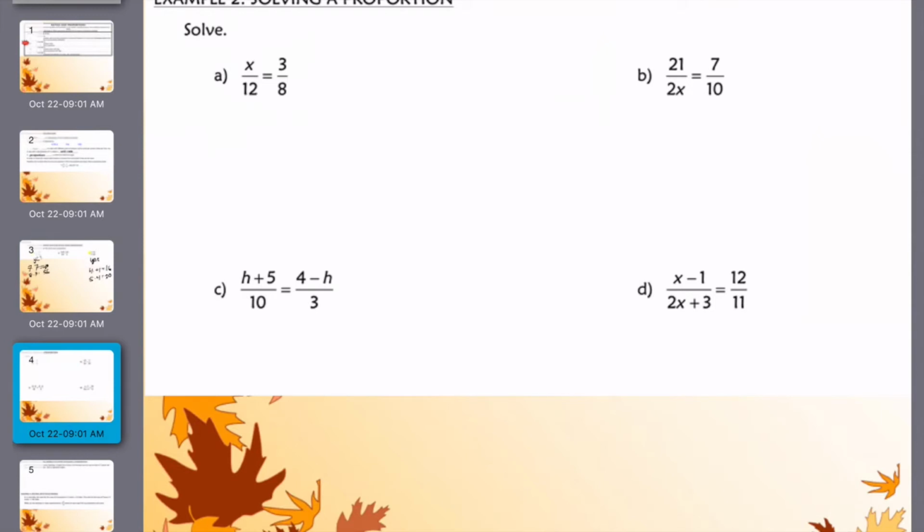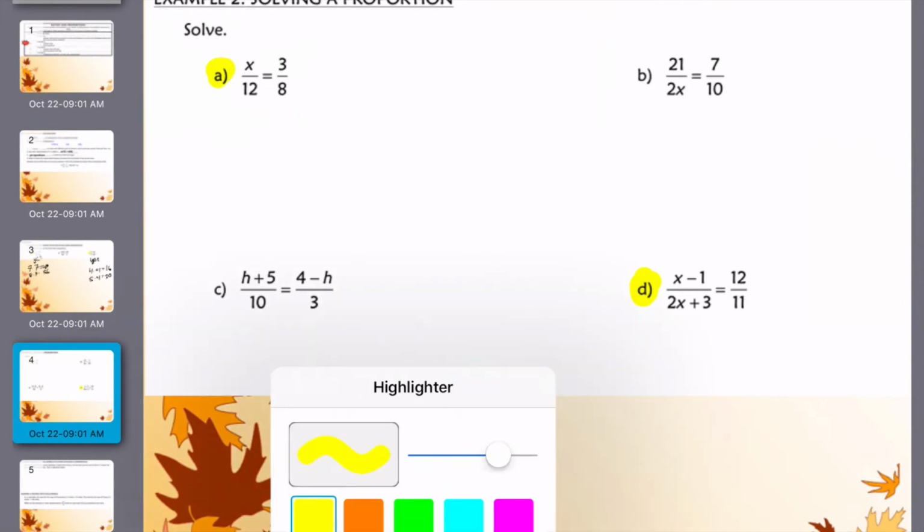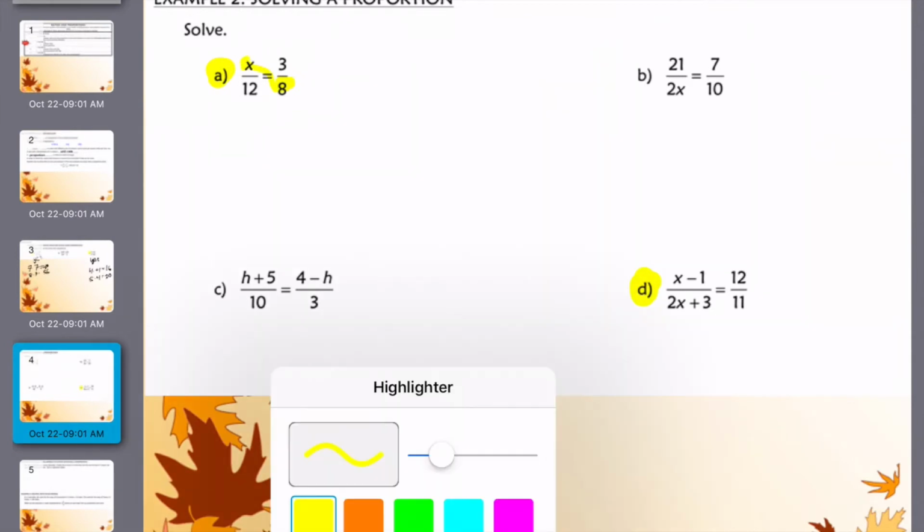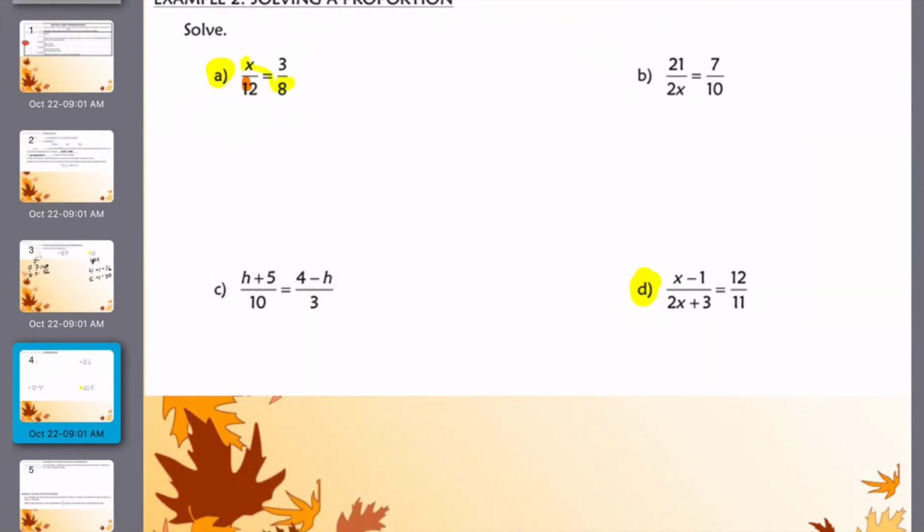So I'm going to do A, and I'm also going to do D. All right, so the first thing that I need to do: they said that I could try to solve these proportions by using my cross products. That's exactly what I'm going to do. I'm going to multiply my 8 and my x, and I'm going to multiply my 12 and my 3.